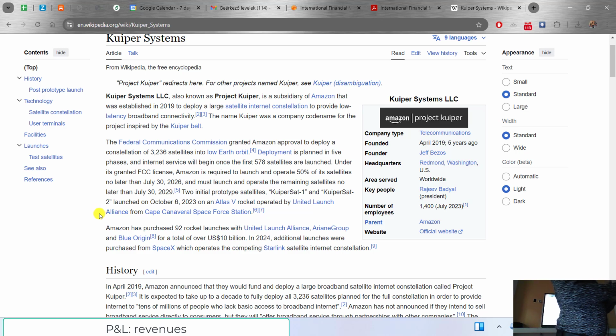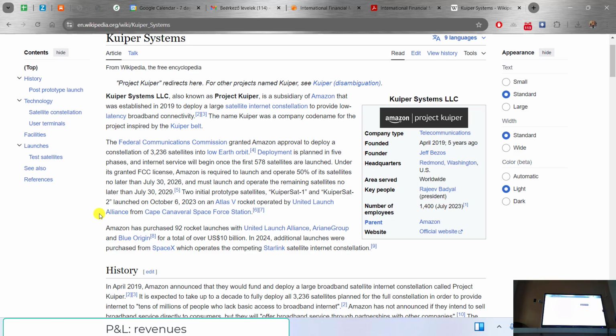Obviously, since Amazon is the leader in cloud computing, cloud storage and the whole cloud market, they realized that once Starlink started to provide satellite internet for its clients, and now Starlink has more than 4,000 satellites and more than 2 million clients, Amazon should keep up with all these things.